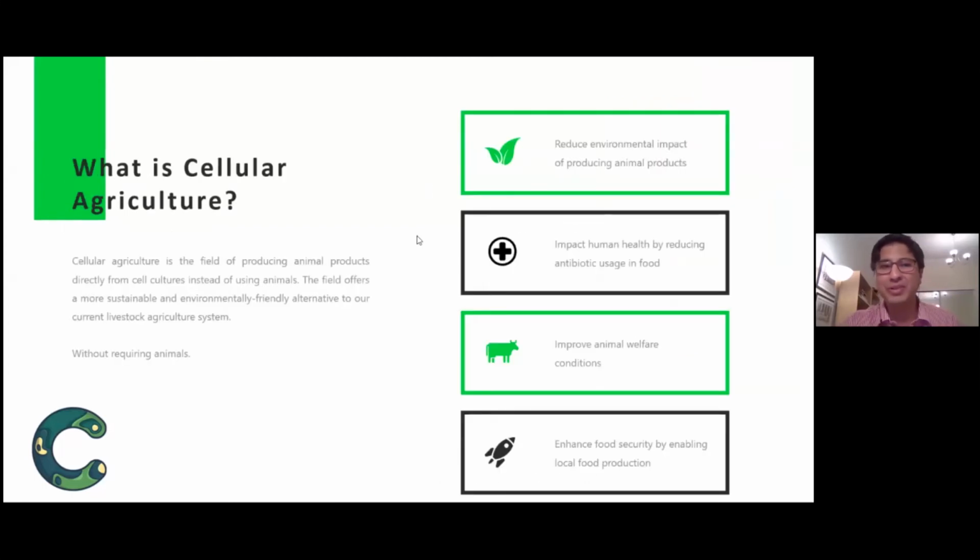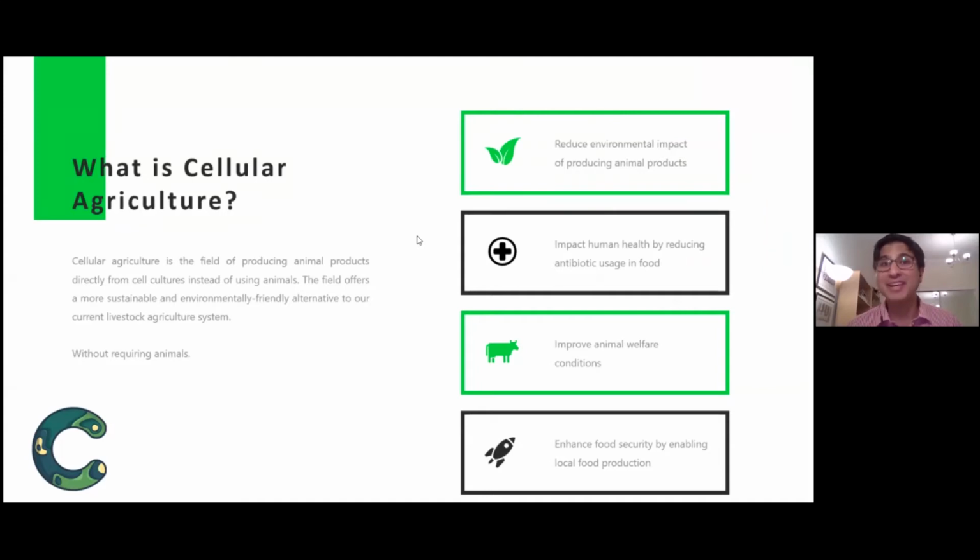I don't want to take too long after Mike and Michelle's presentations, but I want to touch on the benefits of cell agriculture and how we can build a food system for everyone that's better with it. Cell agriculture is the field of producing animal products like meat, dairy, and leather directly from cell cultures instead of raising animals to produce the same products.